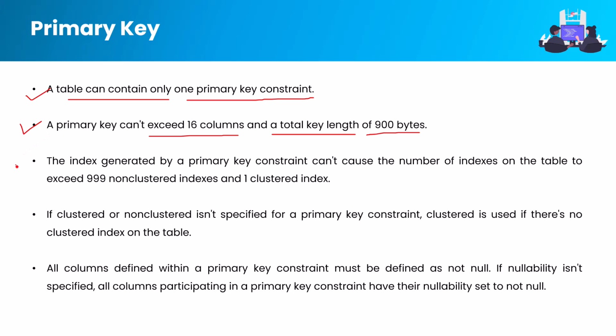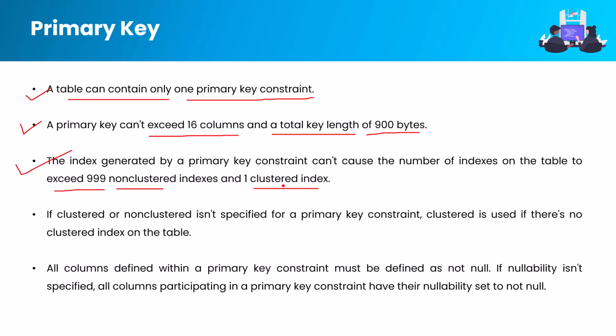One more important point here: the index guaranteed by a primary key constraint cannot cause the number of indexes on the table to exceed 999 non-clustered indexes and 1 clustered index.